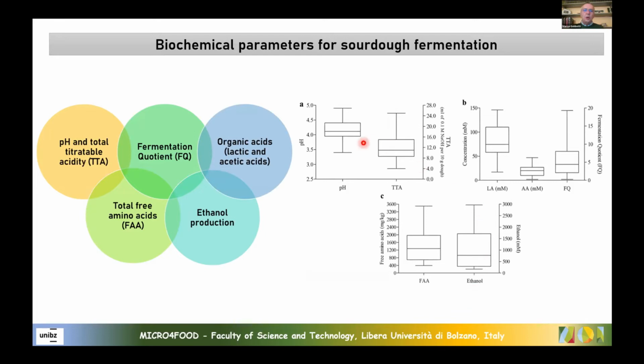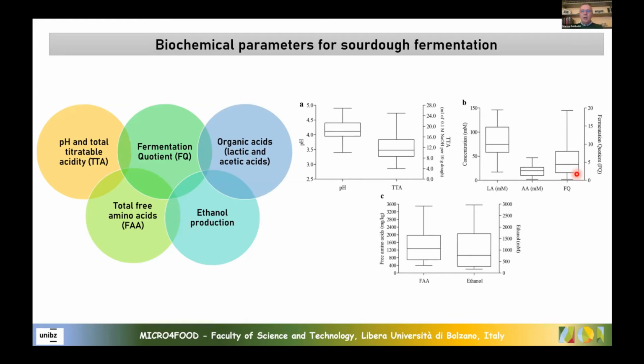In most cases, after the sourdough fermentation, your dough, apart from the use of cereals, pseudo-cereals or legumes, should have a pH less than 4.5 and a molar ratio between lactic acid and acetic acid below 4, which means that to get a nice sourdough, you need a great concentration of acetic acid.